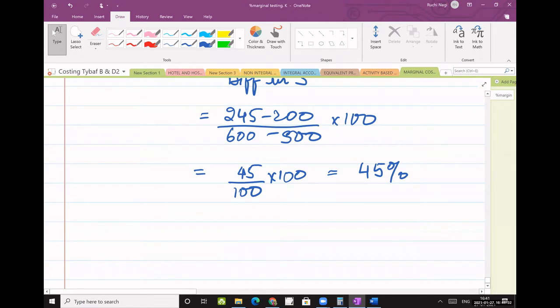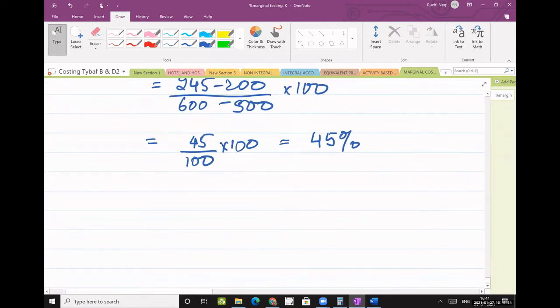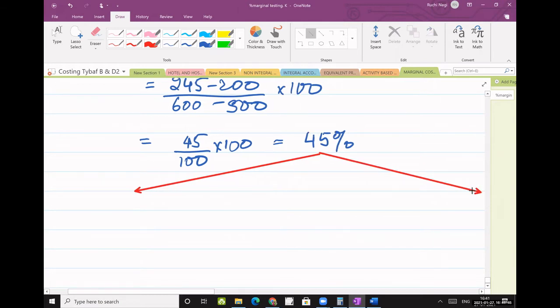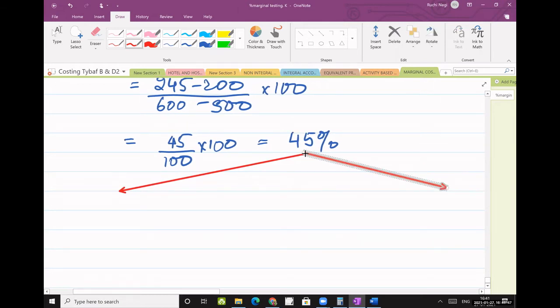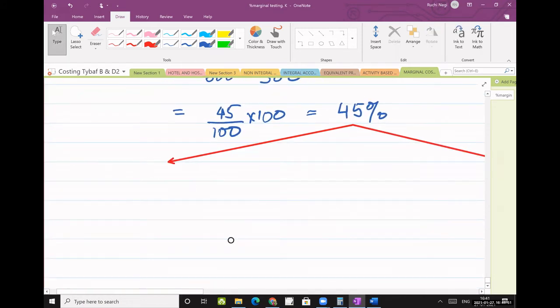Once I get my PV ratio, I know the other formula of PV ratio, which says that PV ratio is also contribution upon sales into 100.